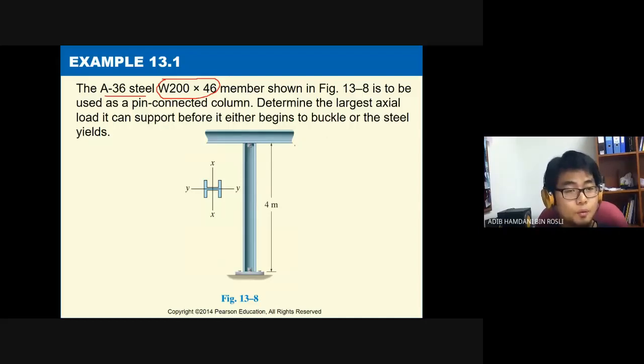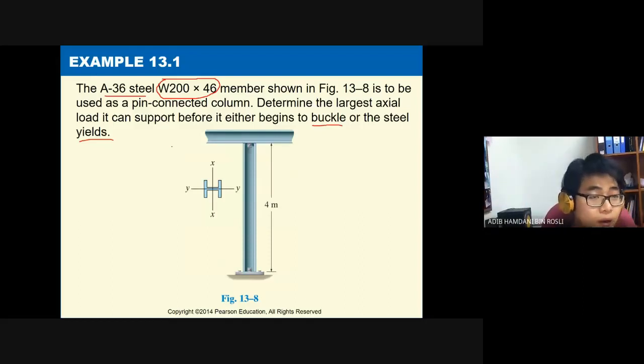And then you have a pin connected column, so basically it is pin and pin right here. The question asks you to determine the largest axial load the support can take before it either begins to buckle or yield. So you have two modes of failure in this case for the column: either it buckles, which we are discussing now, or it yields like what we discussed previously.